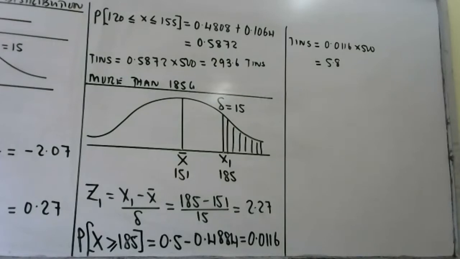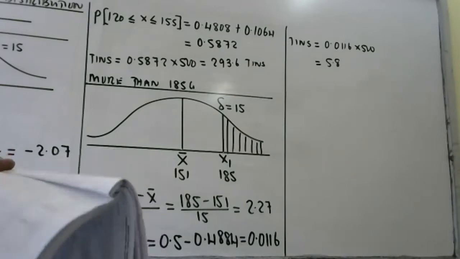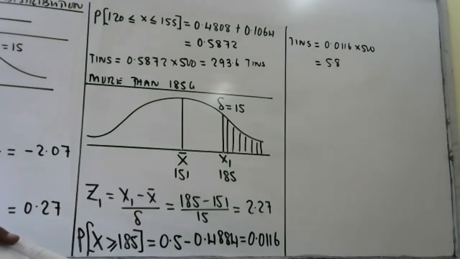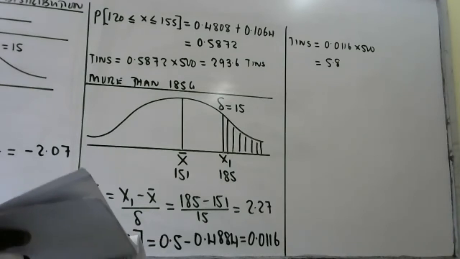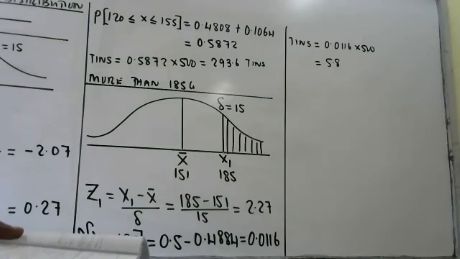Are we okay? Mr. Balimu? Yeah. Why are we multiplying by the mean weight to get the total weight? Why we are multiplying by 500 is to get the number of teams.